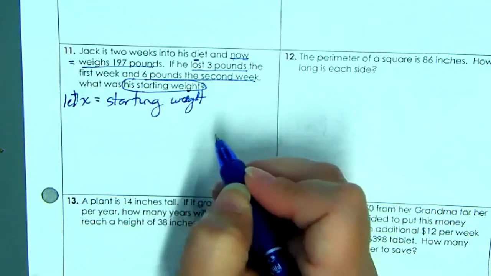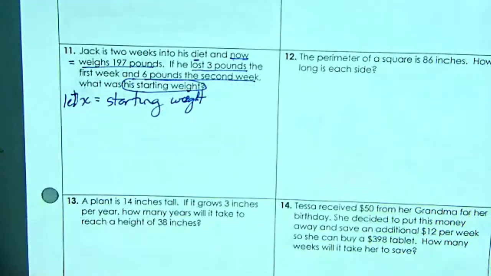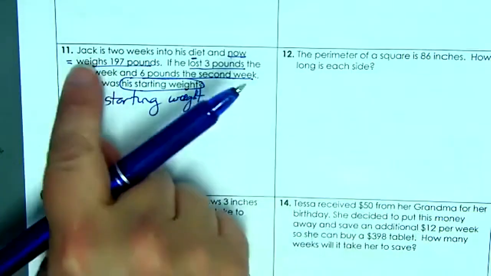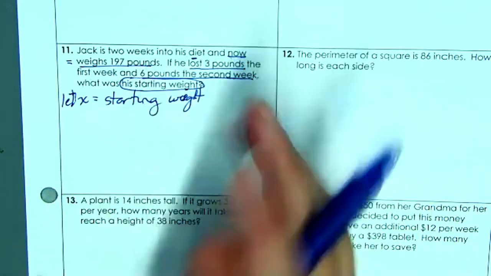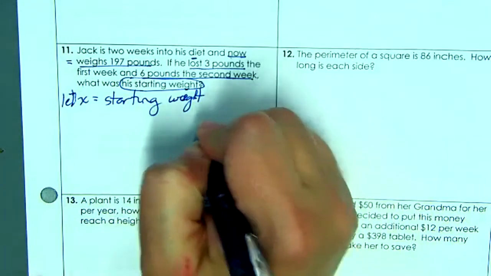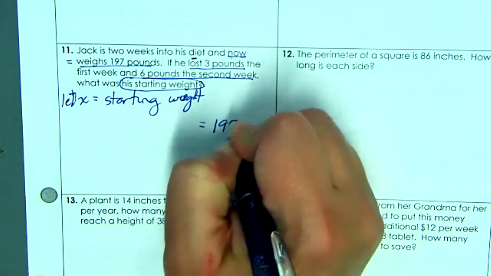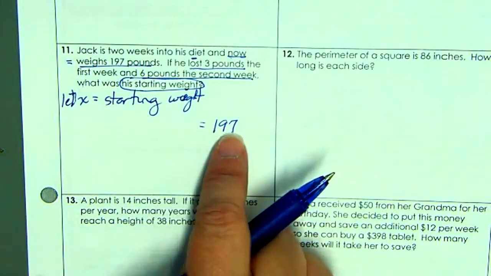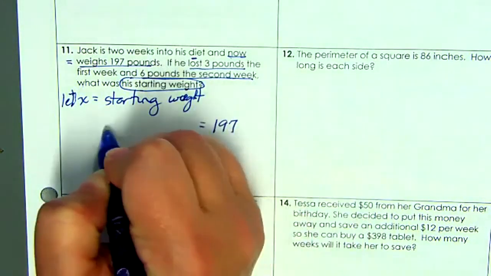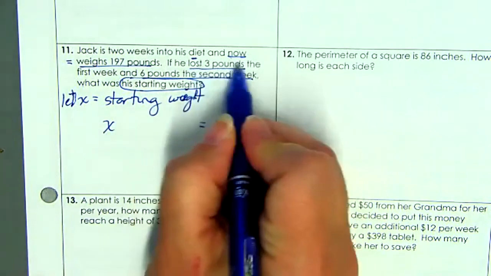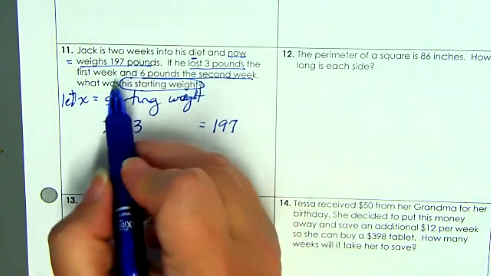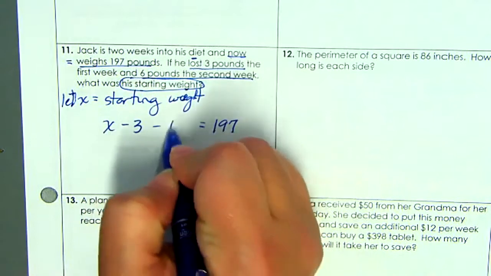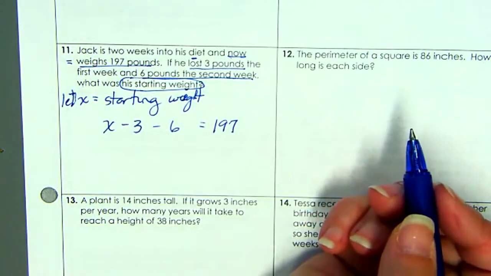We've got to work towards how we get to this 197, because that's what he's now at. So it's equal to 197. What's the process used to get to this 197? Well, he's got his starting weight and then he lost 3 pounds the first week, so I subtract 3, and then he lost 6 pounds the second week.